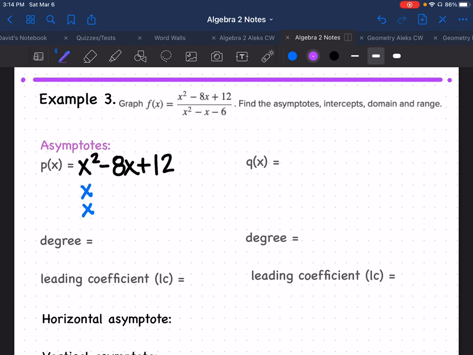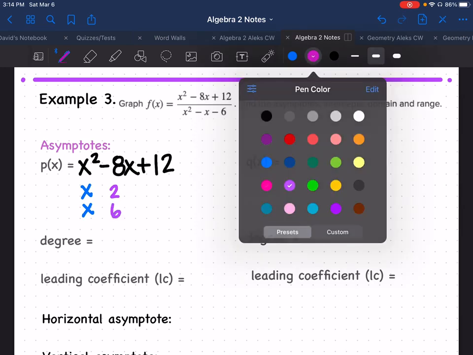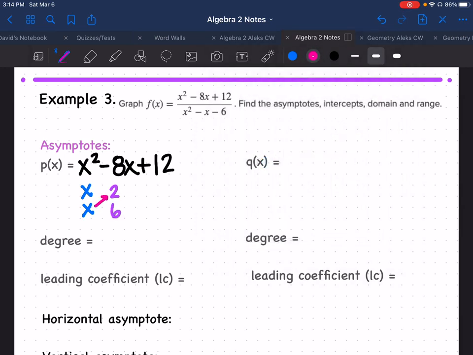Yes, 2 times 6, because 2 plus 6 is 8. So 2x and 6x. And if they're both negative, I would get negative 8 when I add them. So that means my factors here would be x minus 2 and x minus 6.